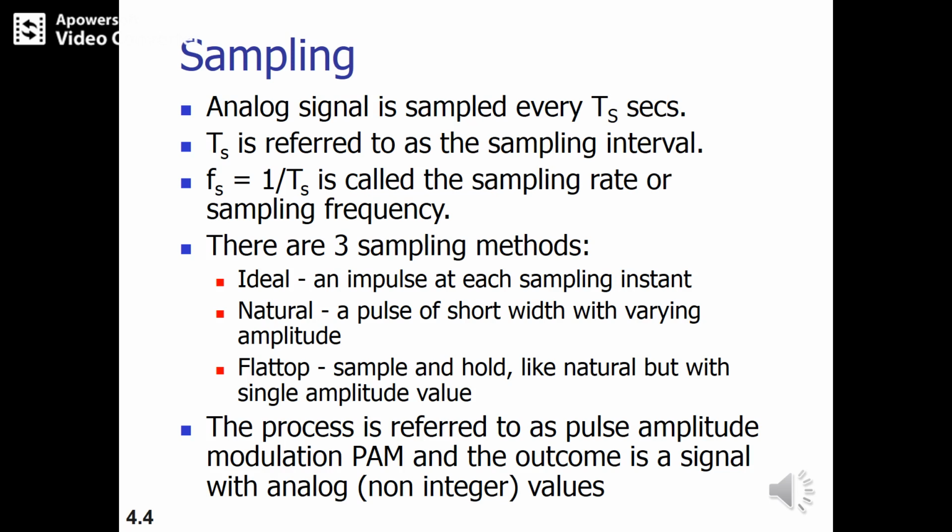Flat top is similar to a sample and hold circuit, like natural but with a single amplitude value. The process is referred to as pulse amplitude modulation or PAM, and the outcome is a signal with analog, that means non-integer, values.